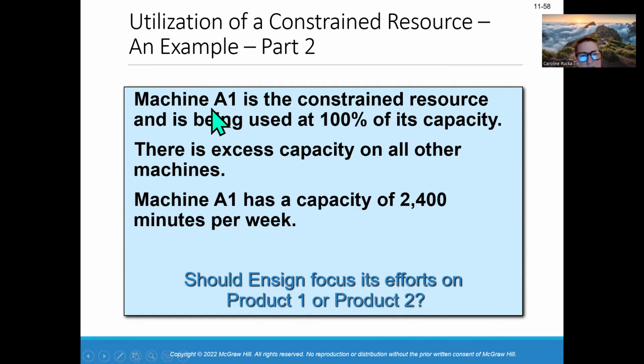Some extra information. So this machine A1 is the constrained resource. It is at 100% capacity. All right. All our other machines have excess capacity. So this is our bottleneck, this machine A1. It has a capacity of 2,400 minutes per week.